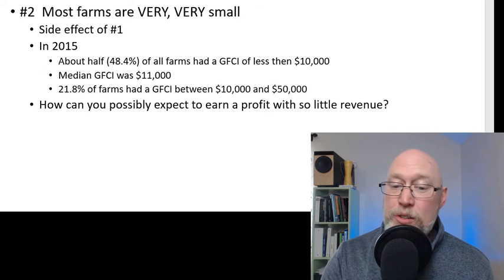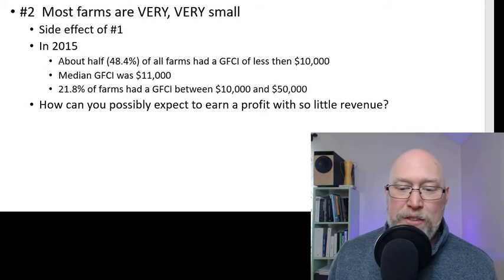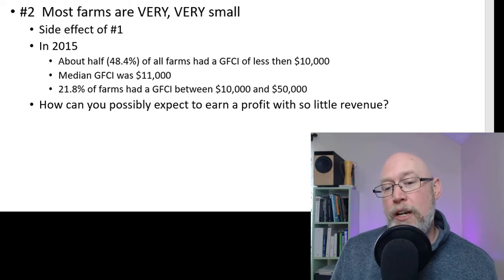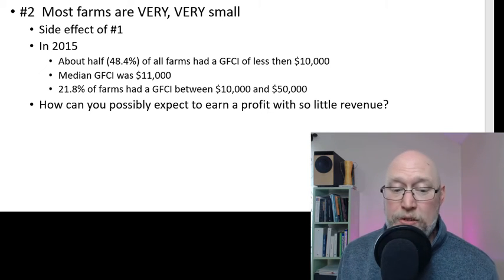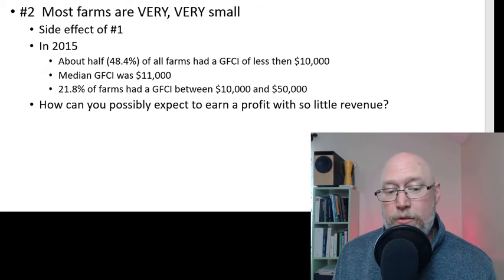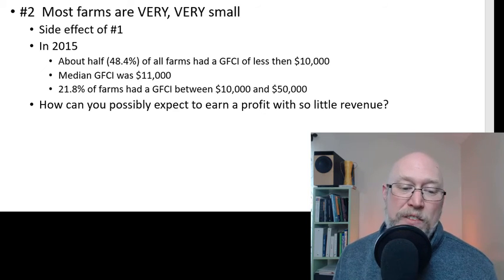The cash receipts, the income from farming and subsidies and all of these things, 48.4% in 2015 had a gross cash farm income of less than $10,000. The median was $11,000. And 21.8%, a little more than 20%, had that number between $10,000 and $50,000.